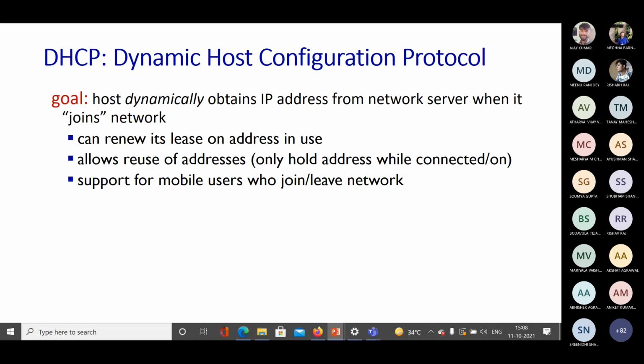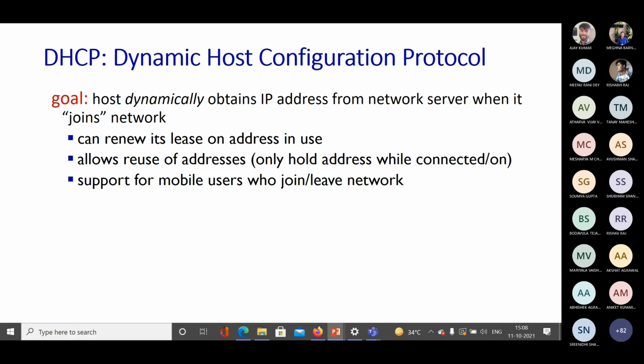Alright. So what is the goal? As I already told, the goal of DHCP is to dynamically obtain an IP address for a host from the network server when it actually joins the network or tries to connect to the network. So what are the advantages that it gives?